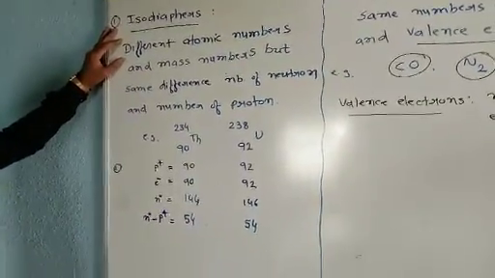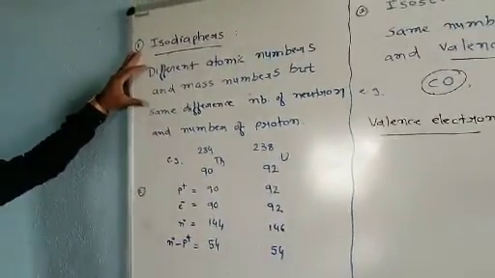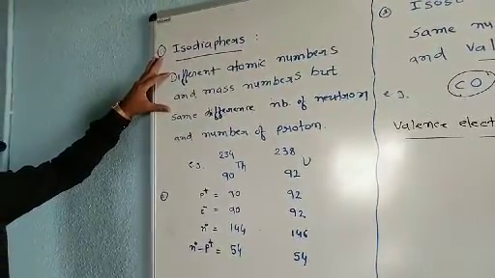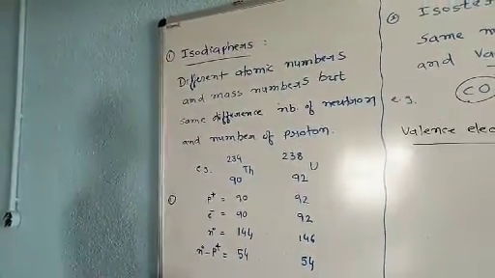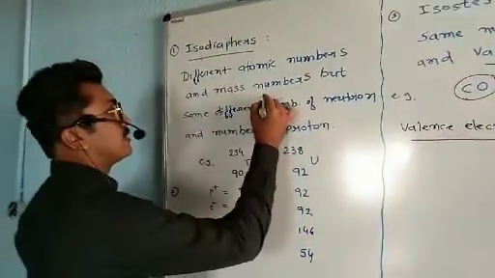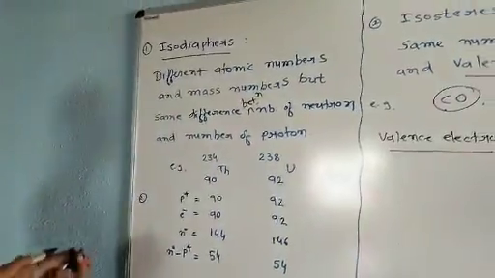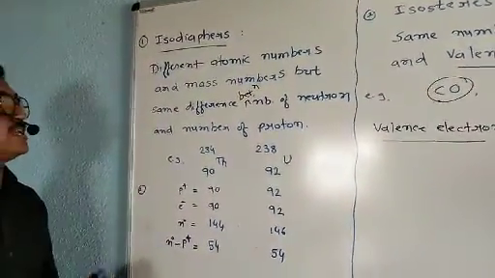Isodiaphers have different atomic numbers and mass numbers, but the same difference between the number of neutrons and the number of protons. This is isodiaphers.